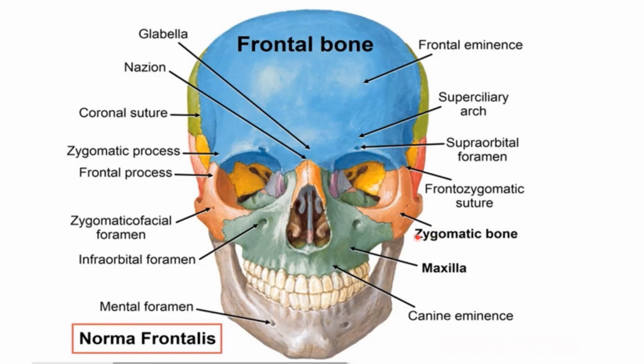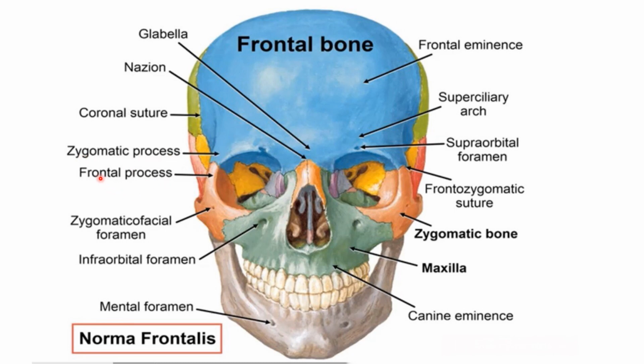This is the zygomatic bone, this is the maxilla. This is the canine eminence. This is the mental foramen. This is the infraorbital foramen. This is the zygomaticofacial foramen, which transmits its nerve and also vessels. This is the frontal process. This is the zygomatic process of the frontal bone.